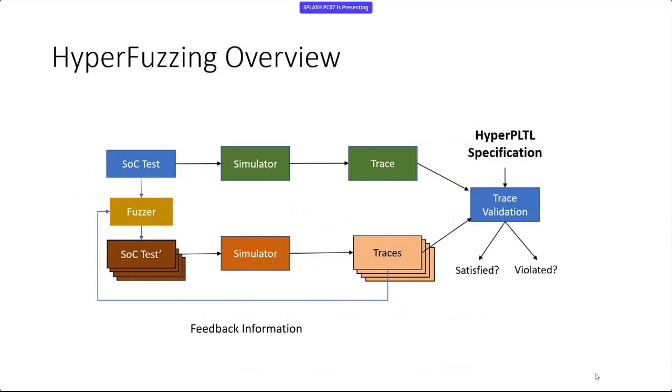Then we simulate all the traces and validate them to check whether there exists a pair of traces which violates the hyperproperty. In this case, we also gave a new specification language which is based on HyperLTL but in the past time.